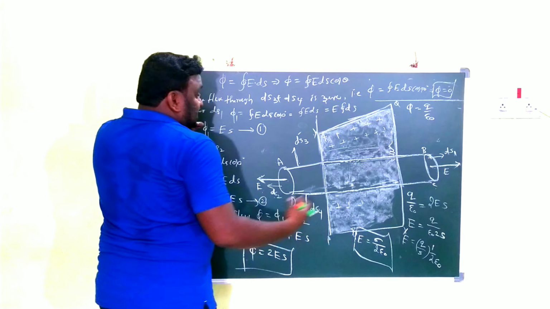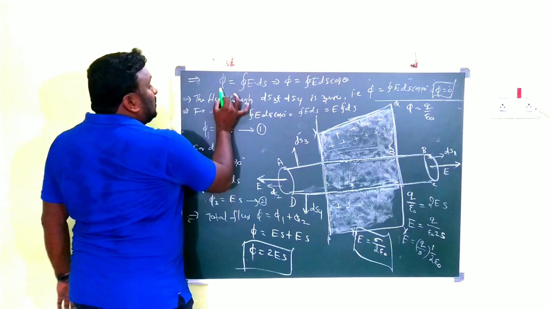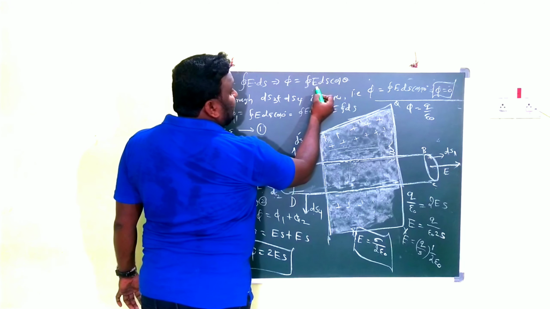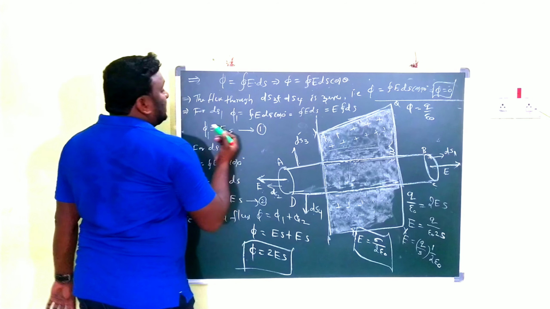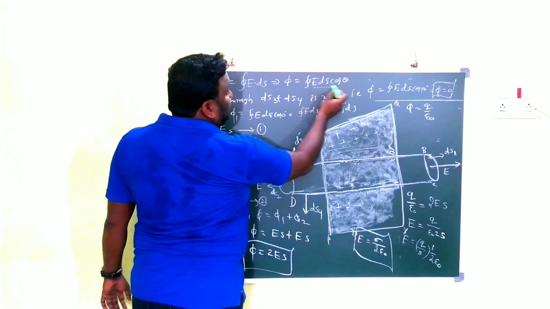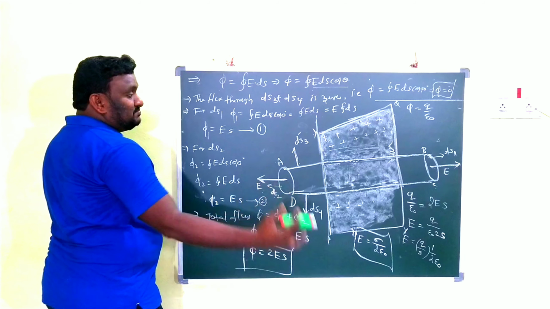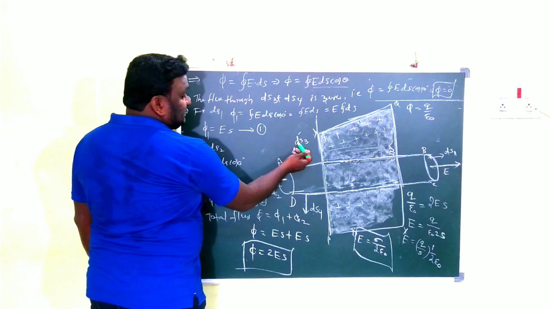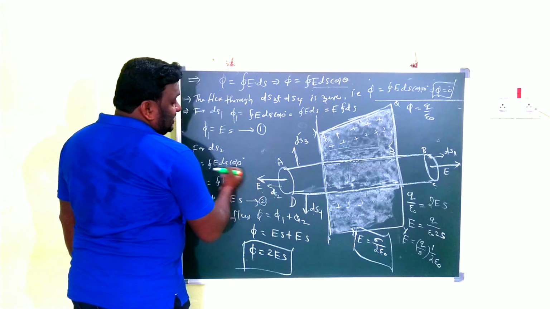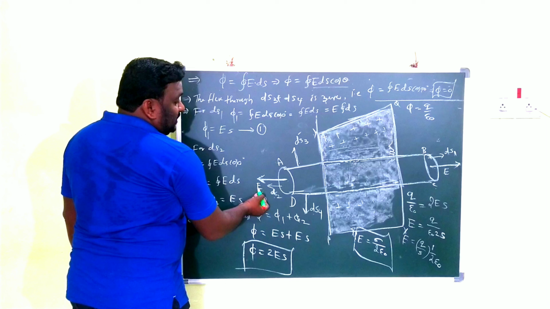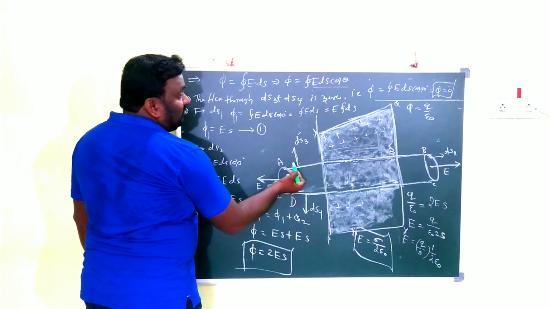Now the general formula for flux is what? Phi is equals to closed integral E dot ds, then phi is equals to closed integral E ds cos theta, because flux is a scalar quantity. In this case, simply remember how ds3 and ds4 are with the E. ds3 and ds4 are perpendicular to the E. That's why the angle will be 90 degrees.